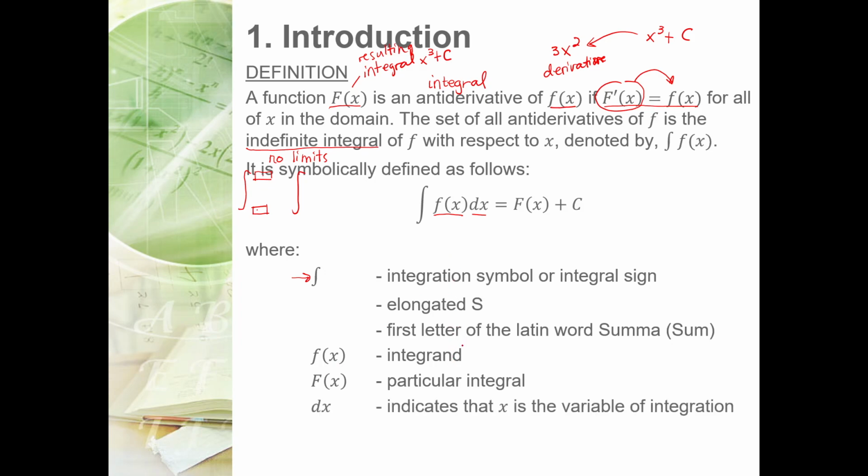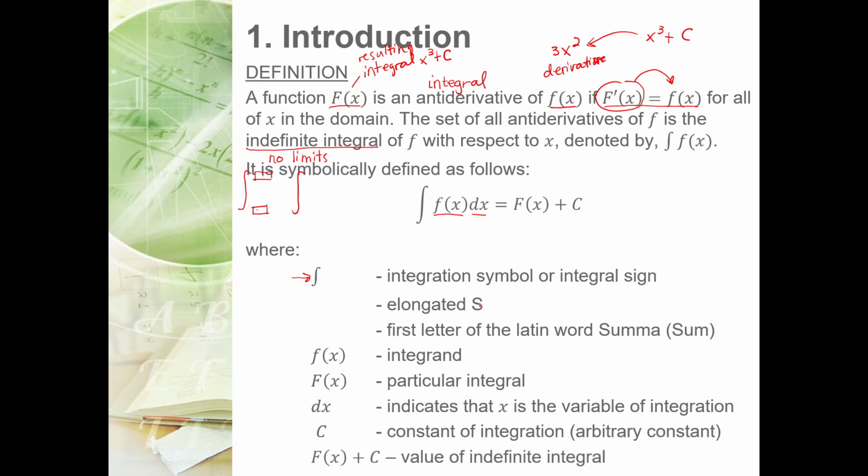The dx indicates that x is the variable of integration. Again, as I told you earlier, it could be any other variable present in the equation that you integrate. And c is the constant of integration or the arbitrary constant. Combining the particular integral and the constant gives the value of your indefinite integral. Those are the different parts of your integral equation.